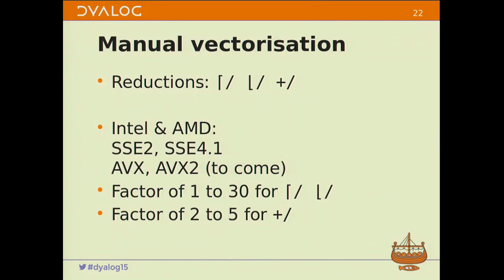In particular, for simple reductions, max reduction, min reduction, plus reduction, this is kind of the best case for the vector instructions. They read a lot of data and they do a very simple calculation on it. They don't even have to write a lot of data, they just give you back a number at the end. And for the very best of the best case, we've handwritten C code using those intrinsics for max, min, and plus reduction.